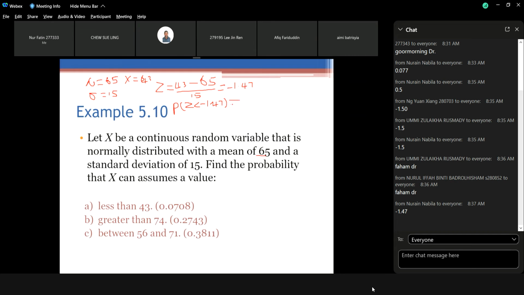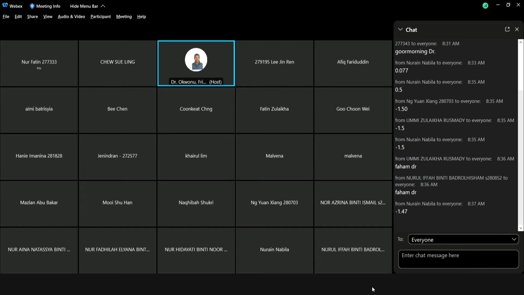So at this stage, what you do, you go to the standard normal probability table. Okay, you saw how we used it last time. Okay, so in doing that, you try as much as possible.